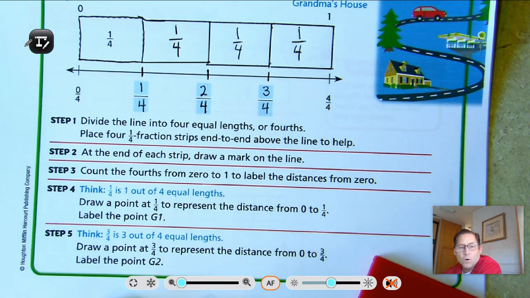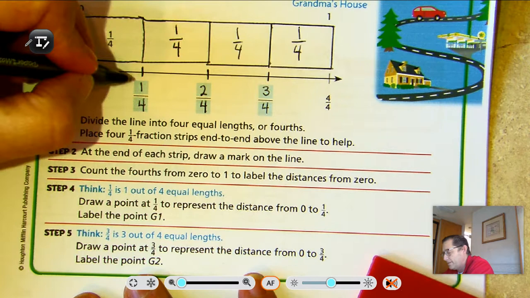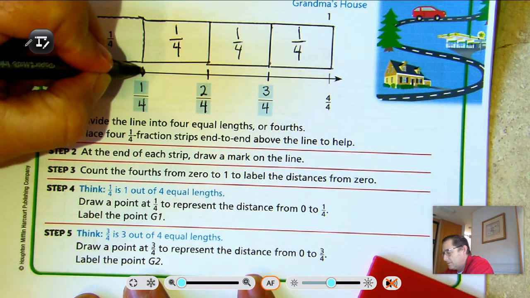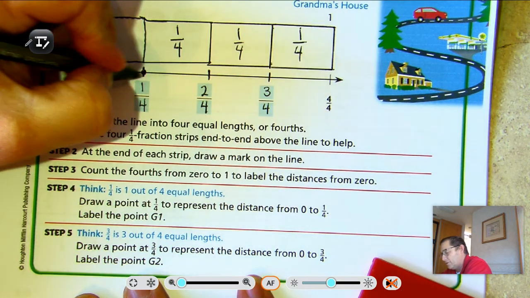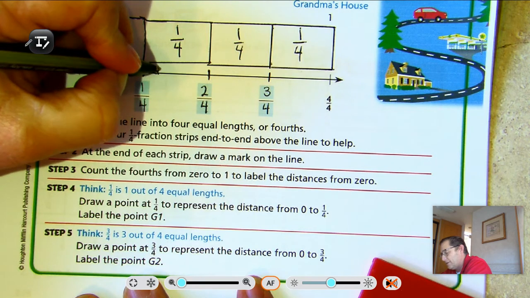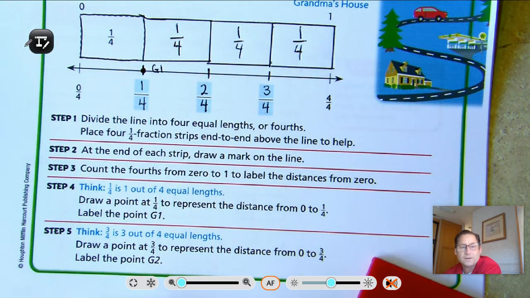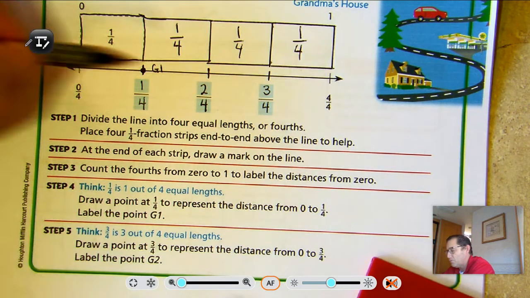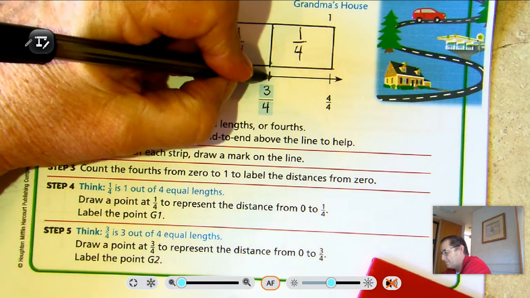So 1/4 is 1 out of 4 equal lengths. So draw a point at 1/4 to represent the distance from 0 to 1/4. Okay, it told us we had to find 1/4. Okay, so I'm going to put a point there, and it told us to label it G1. Okay, and then our last point was at 3/4.